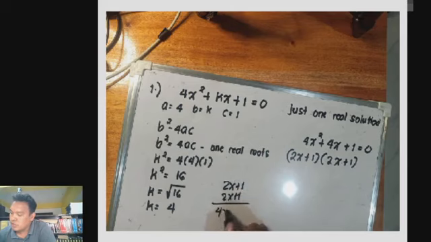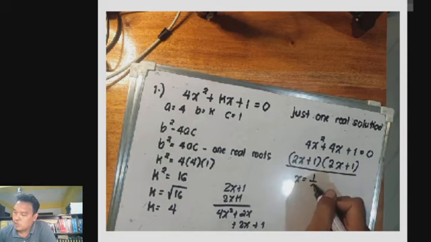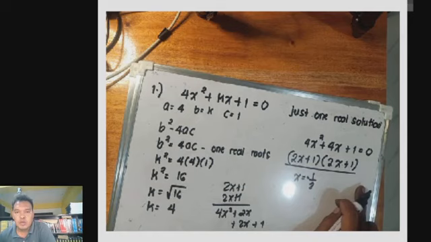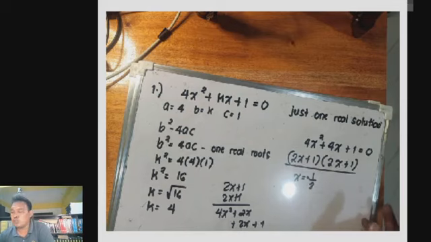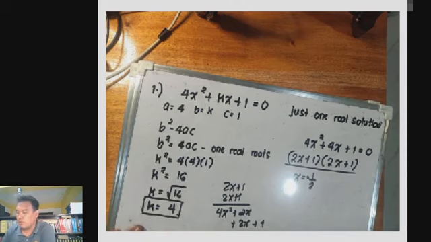We have 4x squared plus 2x, then plus 2x plus 1. Therefore, 4x squared plus 4x plus 1. Therefore, we have x is equivalent kay negative 1 over 2. So, we have 1 real root dito sa equation na to. Then, isa lang din yung solution natin. So, lalabas, the value of k will be 4. Double check lang po ito. Okay?